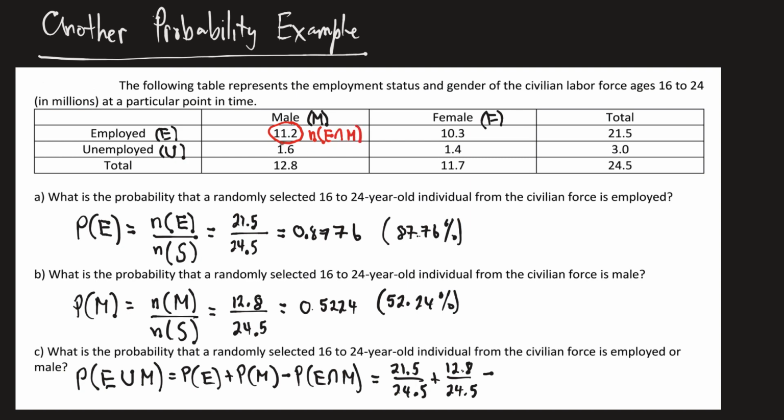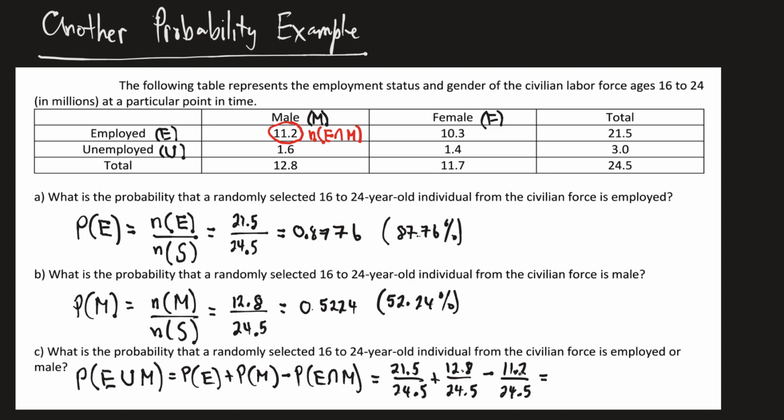So then that number, again, divided by our total is the probability that the individual is going to be employed and is a male, right? So falls into both categories. So let's go ahead and write that. So we have the 11.2 over the same 24.5, right?